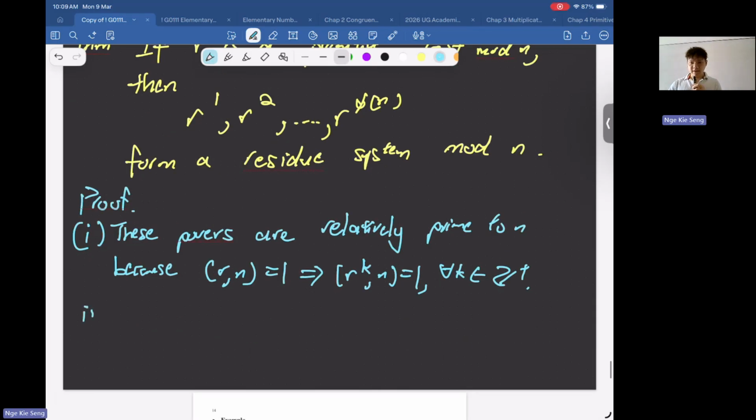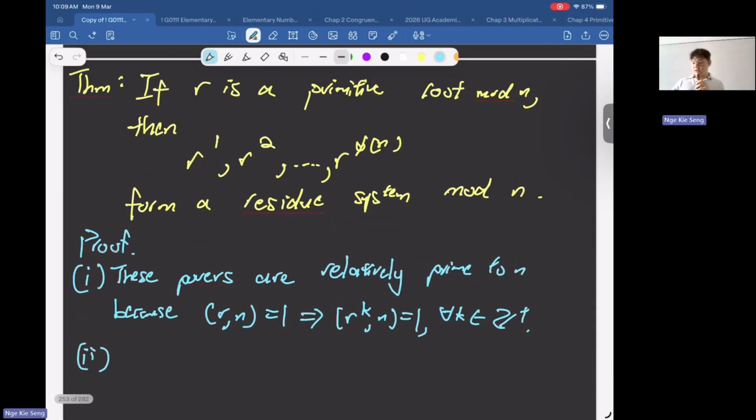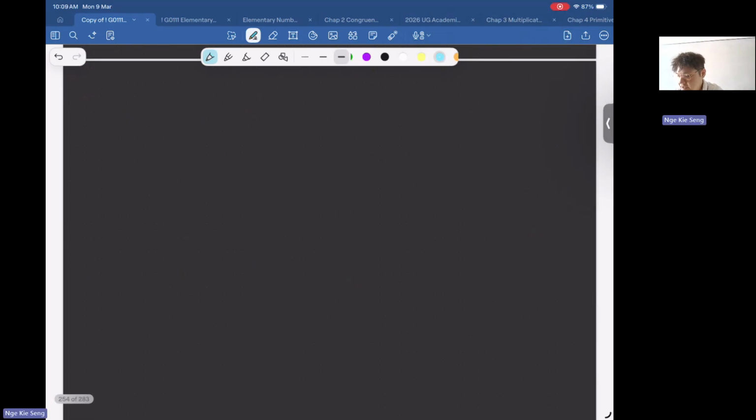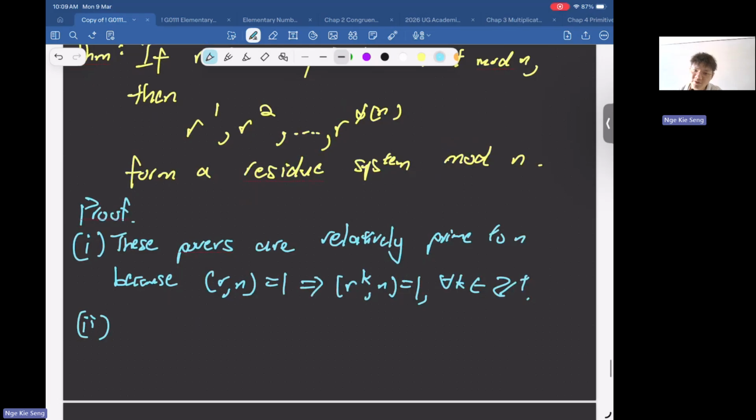Second, to show that they form a complete list, you just show that they are all different, because your residue system must have phi n elements, and here are phi n different things, so it must be everything. So the next thing is to show that no two of these are the same. Again, this is a trick in mathematics: to show that things are different, just pick any two and see whether they are the same. So suppose any two of them are the same.